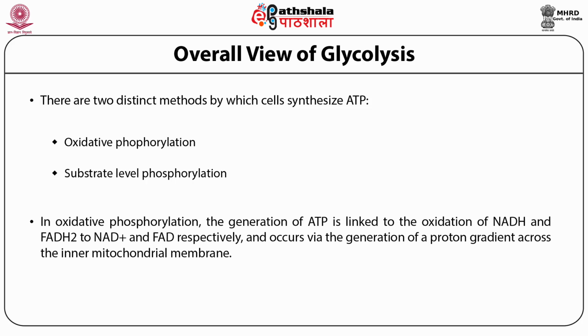In oxidative phosphorylation, the generation of ATP is linked to the oxidation of NADH and FADH2, which occurs via the electron transport chain. The electrons donated by the reduced NADH and FADH2 are released. Those electrons are transported through the electron carriers, namely complex 1, 2, 3 and 4.